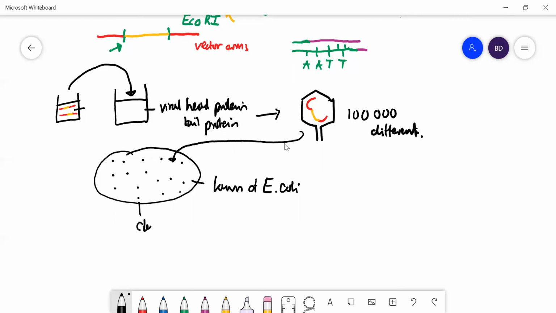And those clear areas are where you've got one phage, and each one's going to be different. You've got one phage with a little bit of human DNA in it, and it has caused lysis of these bacteria, and it's multiplied. So you've got multiple copies of your human DNA there.